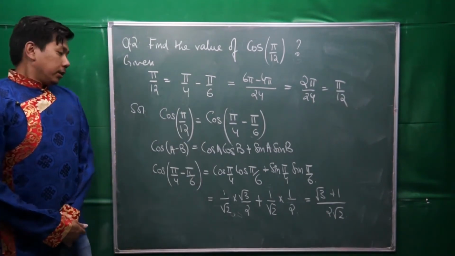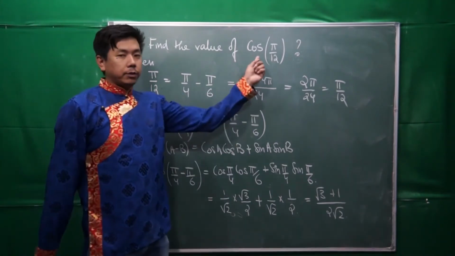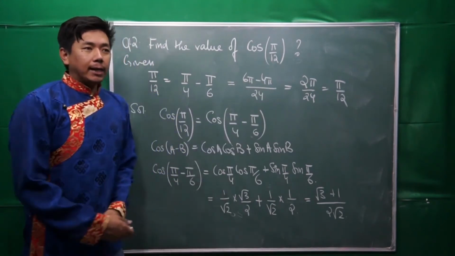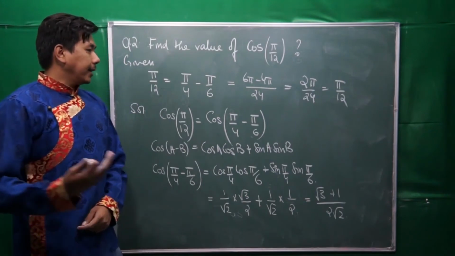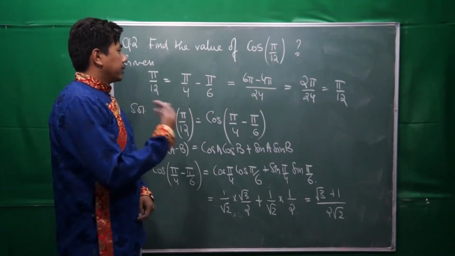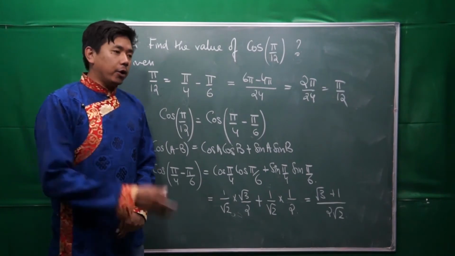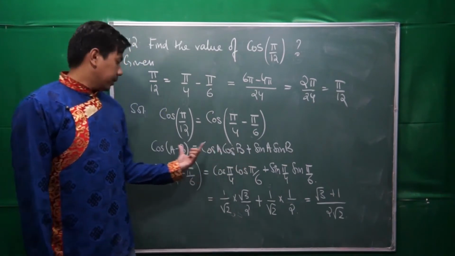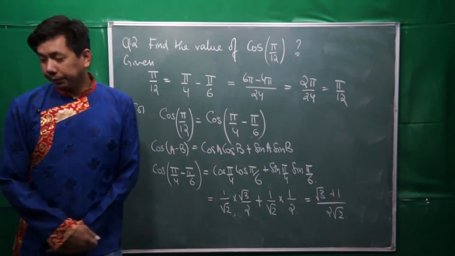So in this way we are able to find the value of cos ratio for certain values of angles, not just the angles that we practiced earlier. As the angle value changes, we can find the value of cos and sine exactly accordingly, using this formula of sum or difference of angles. Clear?